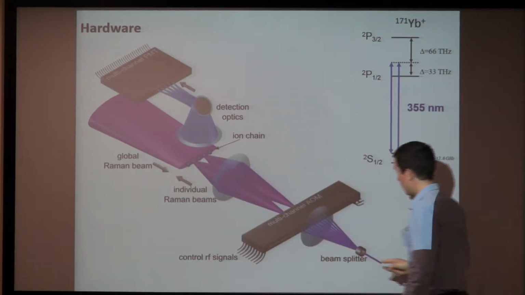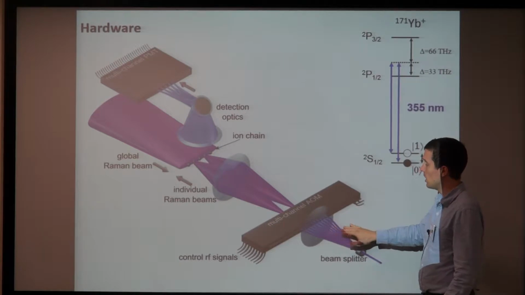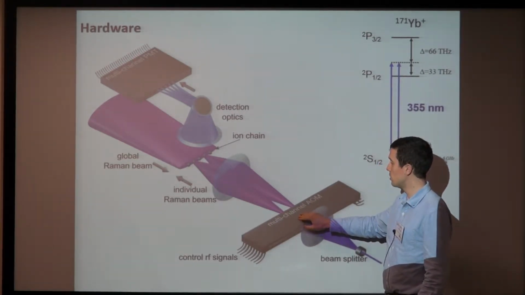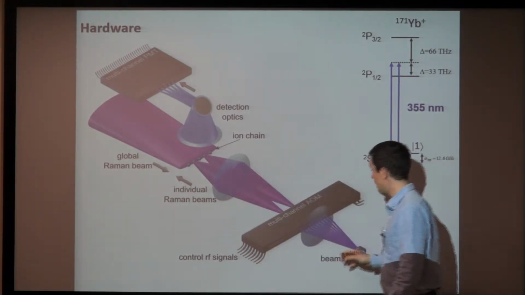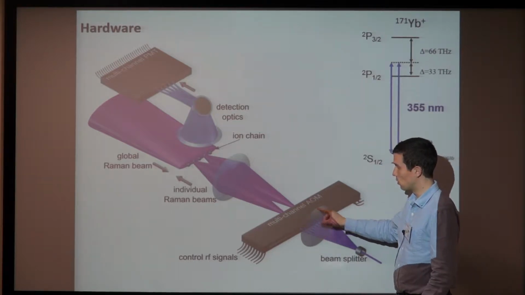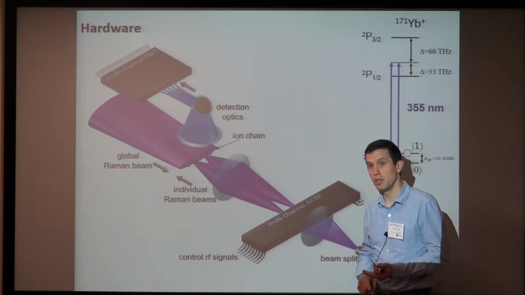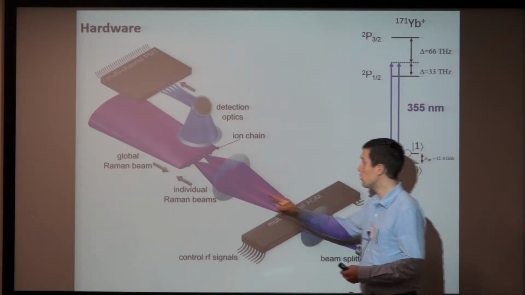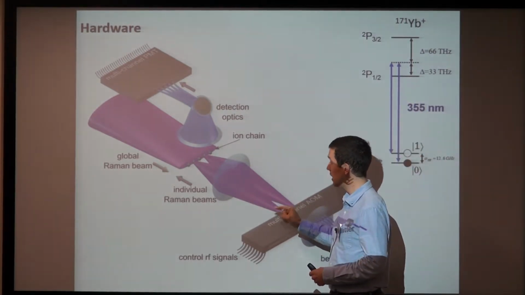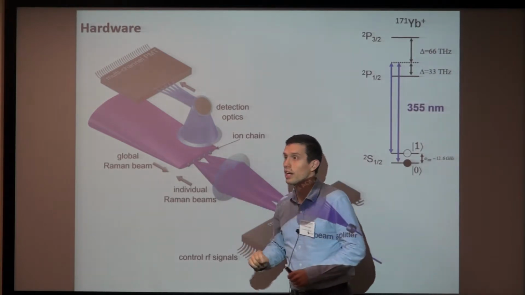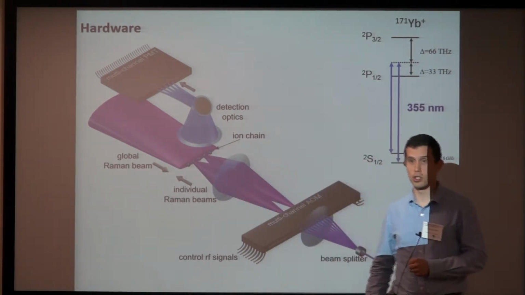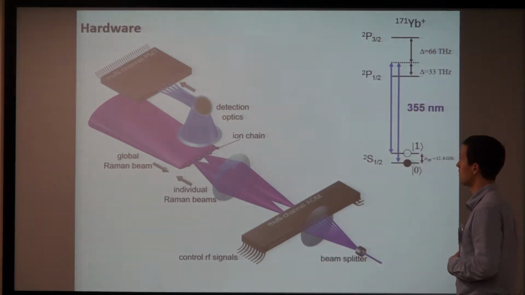And there's one from the front here, which is split up into many beams, goes through an acousto-optic modulator, which is then imaged onto the ions. And these beams each have their own controller in this device, and that means we can switch them individually, and we can control the amplitude, frequency, and phase of each of these separately, and each beam just hits exactly one ion. And that means we have a lot of control over these individual quantum systems.